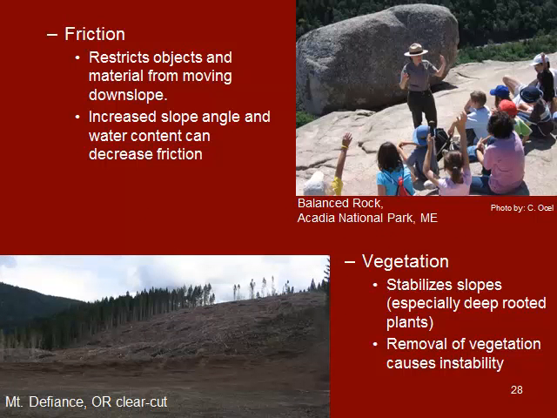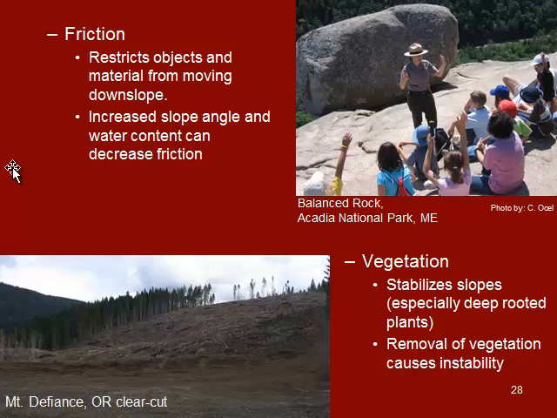So friction, like we can see here, we've got this huge boulder sitting on the edge of this steep cliff. This boulder is staying here and not moving downslope because there's so much friction between it and the ground below. Now when we have that friction decrease, maybe by water, maybe we have a clay deposit, that could help decrease the friction, and then that material can slide downslope.